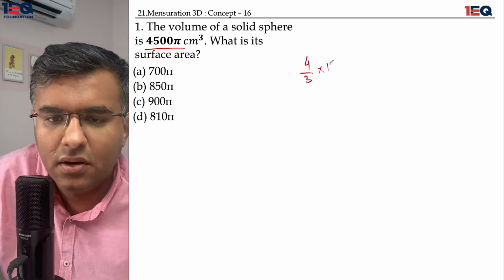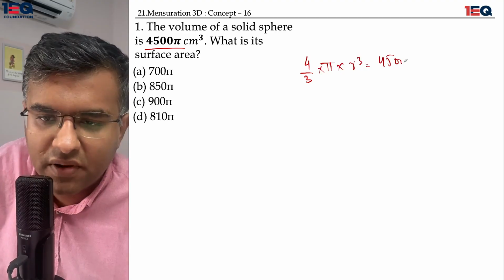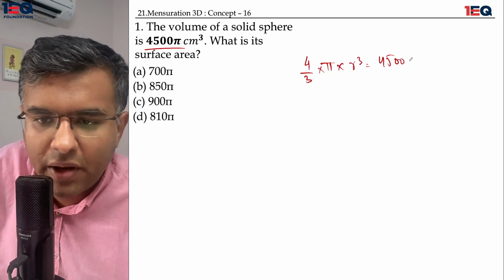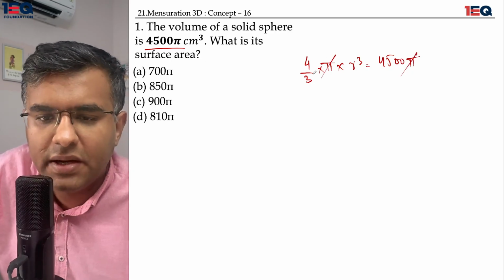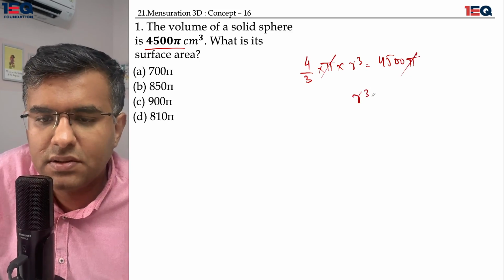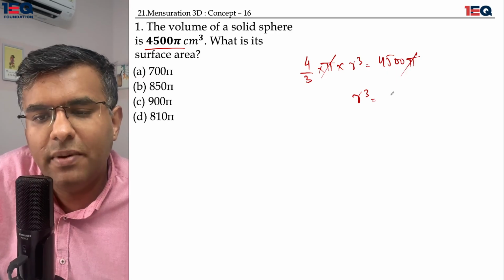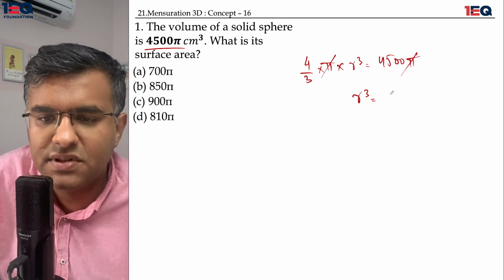4 by 3 into pi into r cube being equal to 4500 pi. The pi and the pi get cancelled away. Do we have anything else? If I multiply it by 3, I don't get anything which is useful for me.